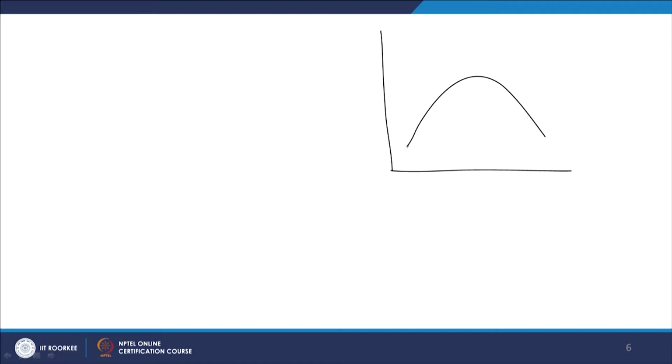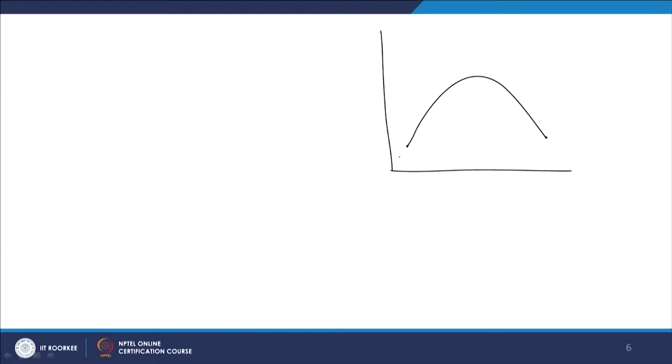Okay. So, one thing you can clearly see from here, that if the graph was like this, we can no longer draw a common tangent that passes through 2 points on the graph. So, let us say if I draw a common tangent here, if I draw a tangent, I cannot draw a tangent that passes through 2 points.